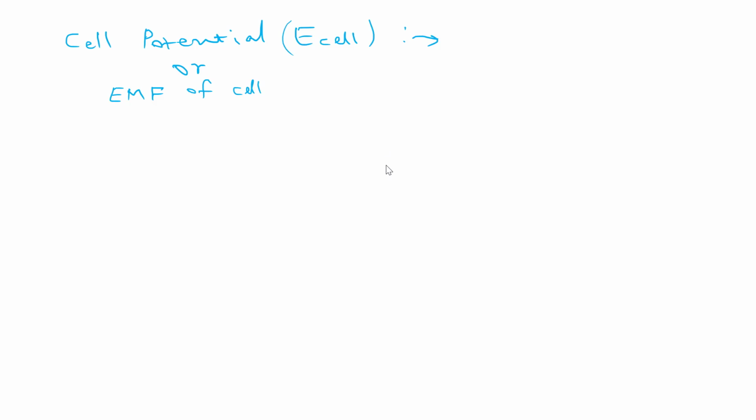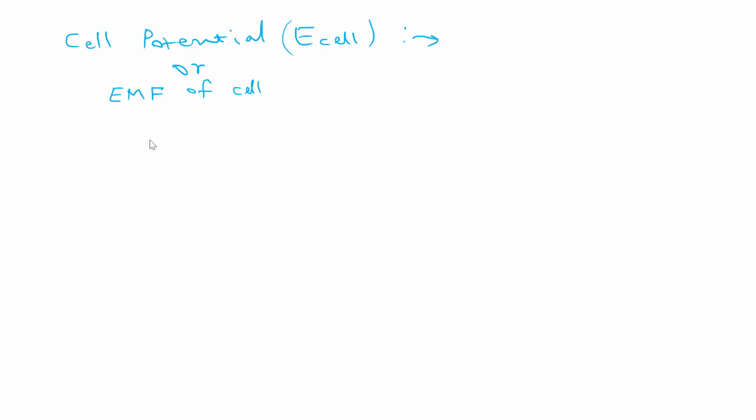The difference in the potential between the electrodes. Great. Difference of potential of electrodes. For this definition, do we write the potential difference between cathode and anode, or anode and cathode?